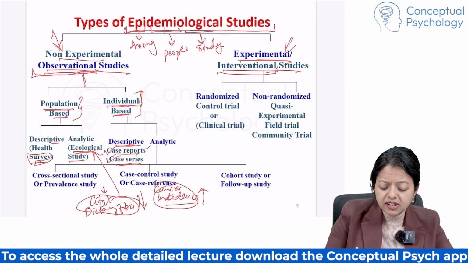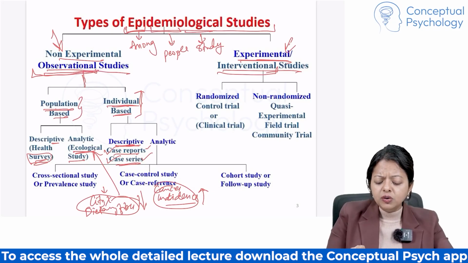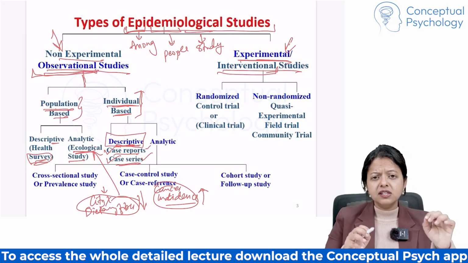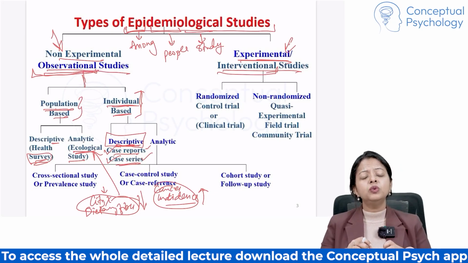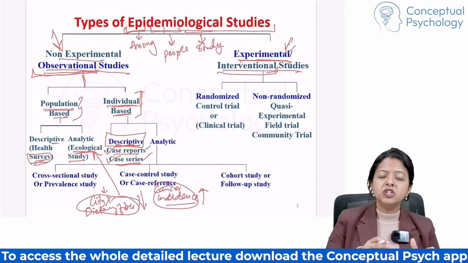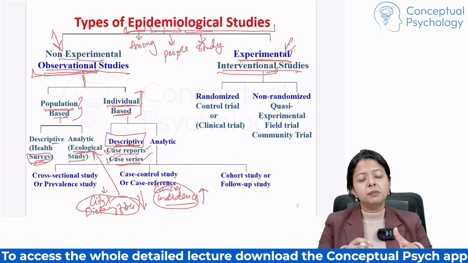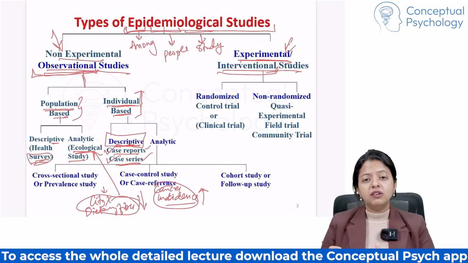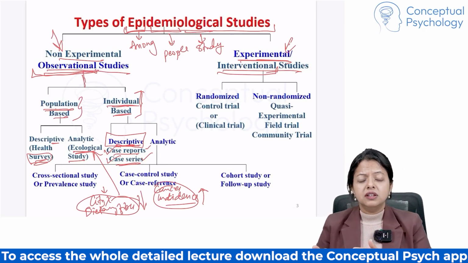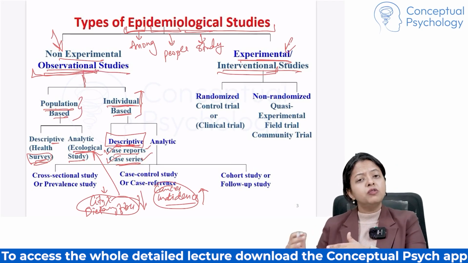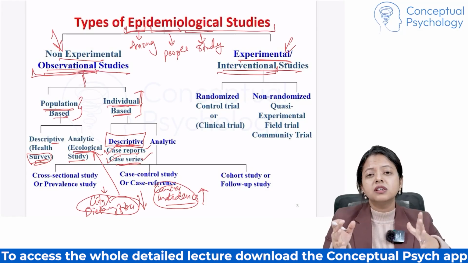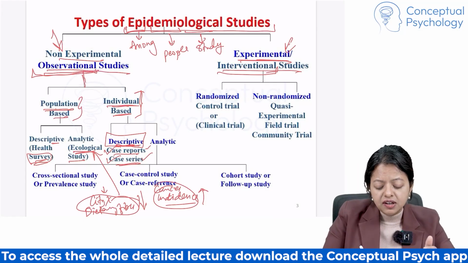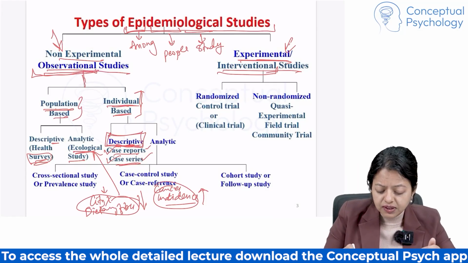So case reports and case series are descriptive studies, just pure description of what has been happening to the patient: how the patient presented, the history of the patient, the present condition of the patient, then what all treatment was given, then based on the responses the treatment gave, how treatment was changed, what all drugs were added and removed. So this is just a description of what happened. So this is a descriptive study.